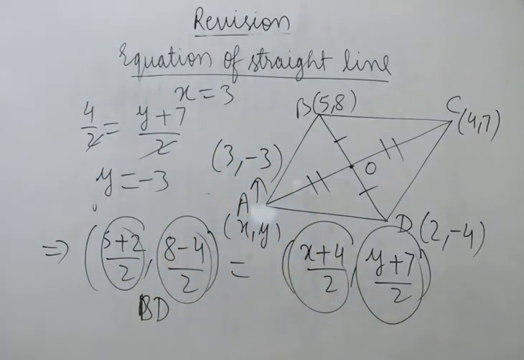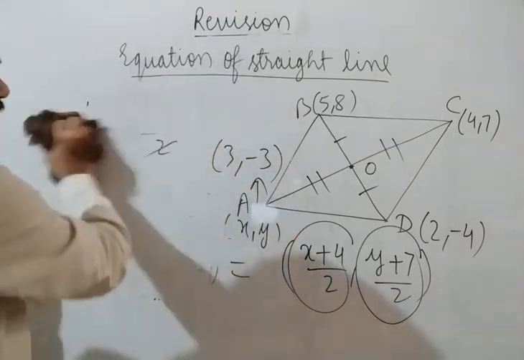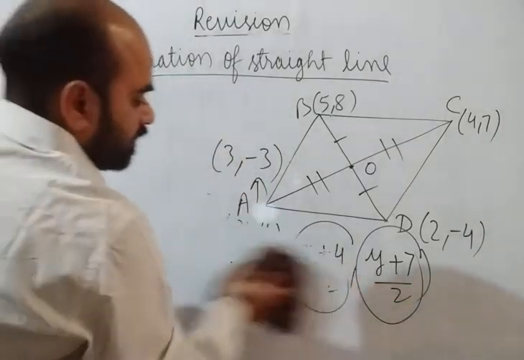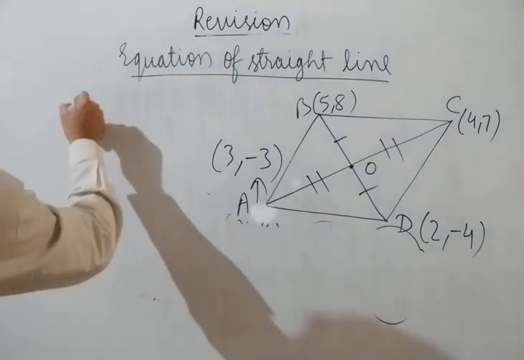Correct? Now we have to find the equation of the diagonal BD, not AC. Very easy. For BD, we can first find the slope. So what is the slope of BD?